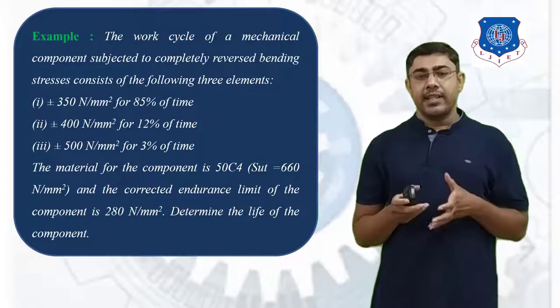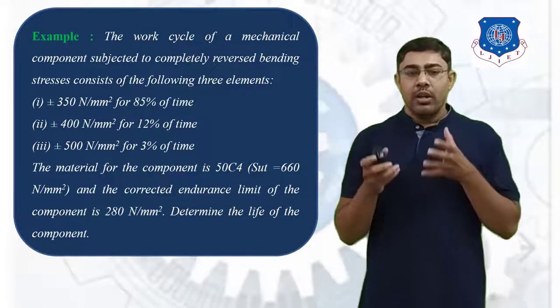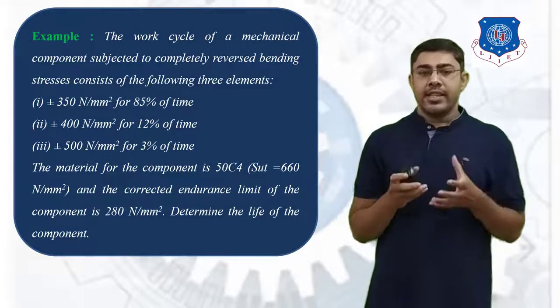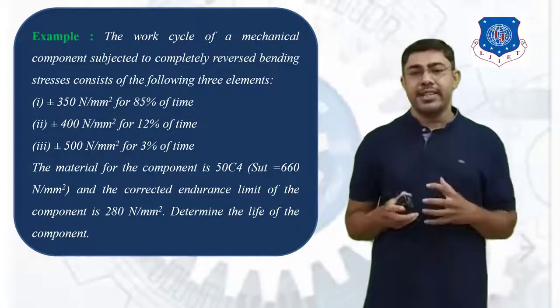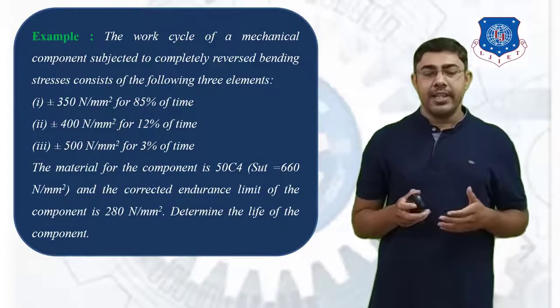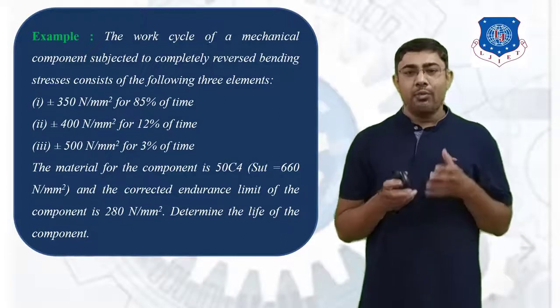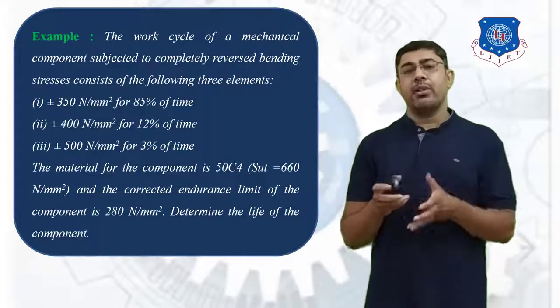The work cycles of a mechanical component subjected to completely reversed bending stress consist of the following three elements. The first element is plus or minus 350 Newton per mm square for 85% of the life, or 85% of the time.